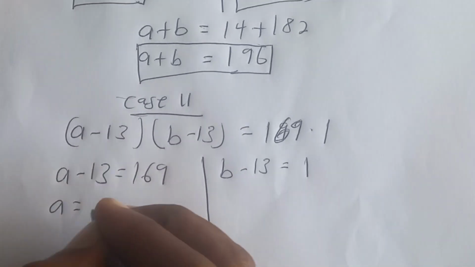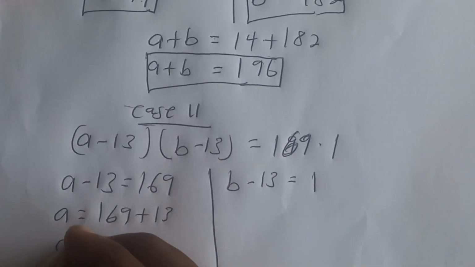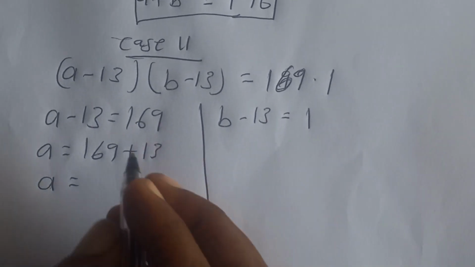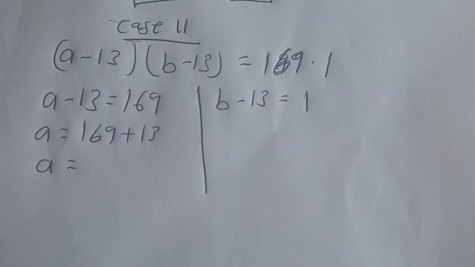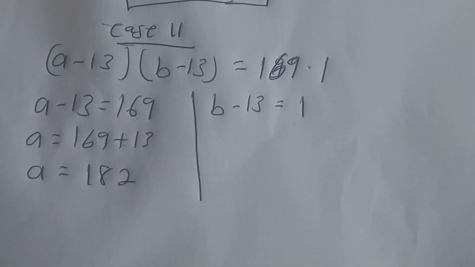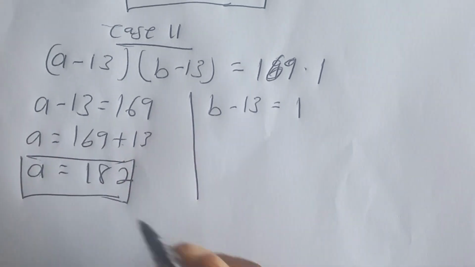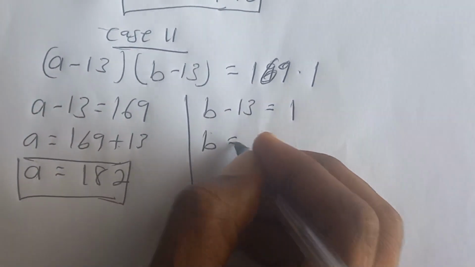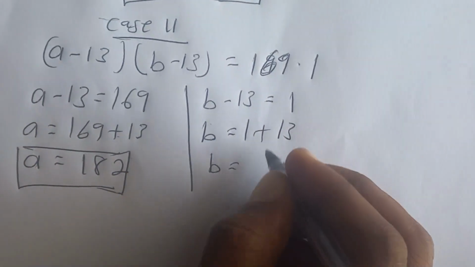So A is equal to 169 plus 13, we are getting 182. Then B is equal to 1 plus 13, so B is 14.